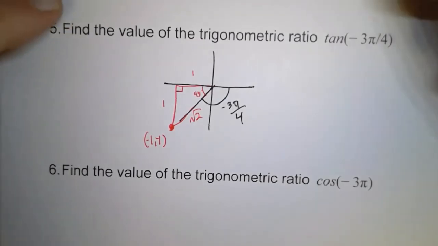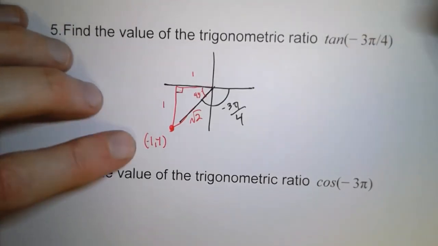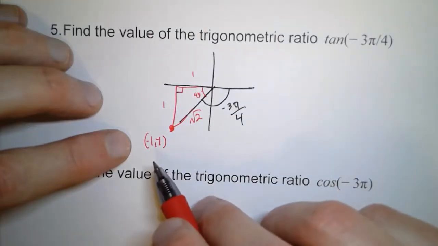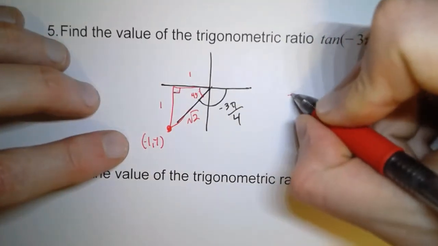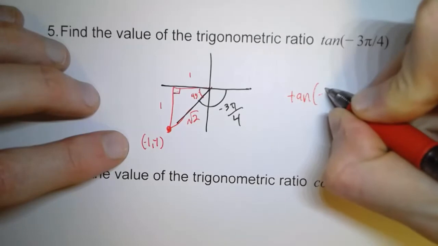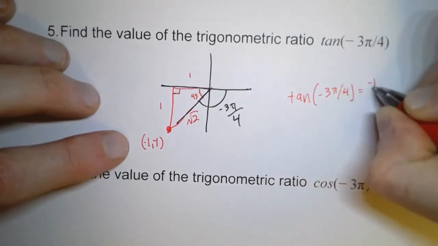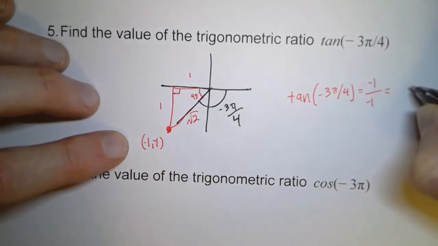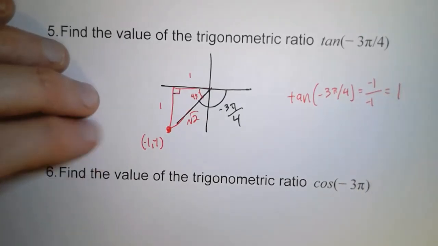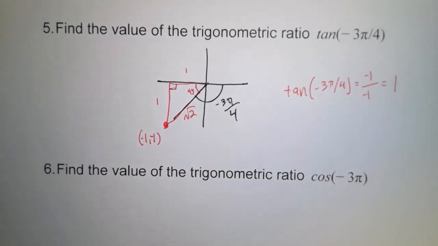My apologies. And so now, if we want to find the tangent ratio, what do we do? We take the y value and divide by the x value. So tangent of -3 pi over 4 is -1 over -1, which is just going to be a value of 1.